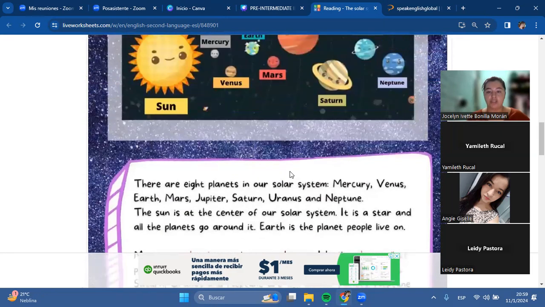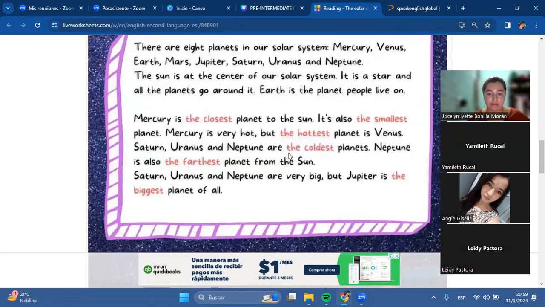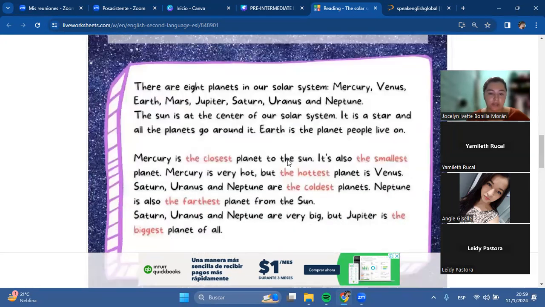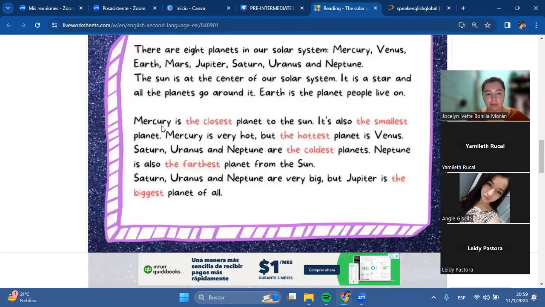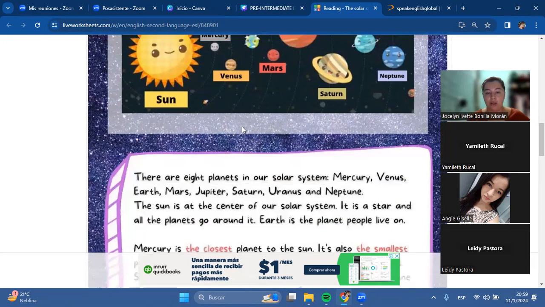Thank you so much. As you can see here, they are making comparisons. Most of them are talking about superlatives. For example, it says that Mercury is the closest planet to the sun. We have Mercury here, and they say that's the closest one. So it's the planet that is close to the sun.